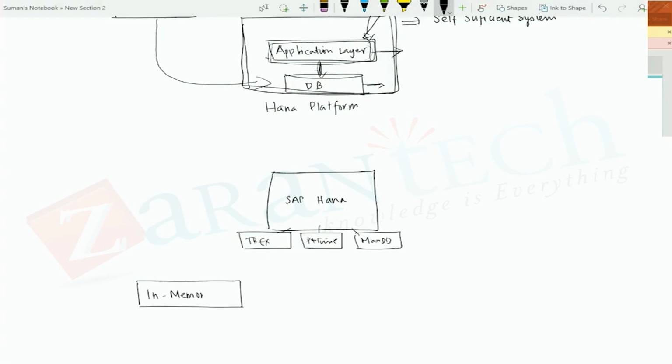So we need to understand the capabilities of in-memory. The next functionality is that it has row and column storage. We will talk in depth about what this means. Then it also has a massive parallel processing capability.